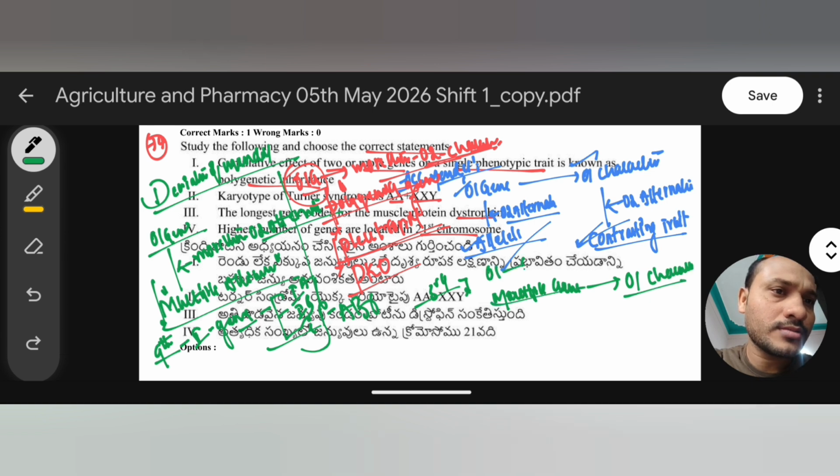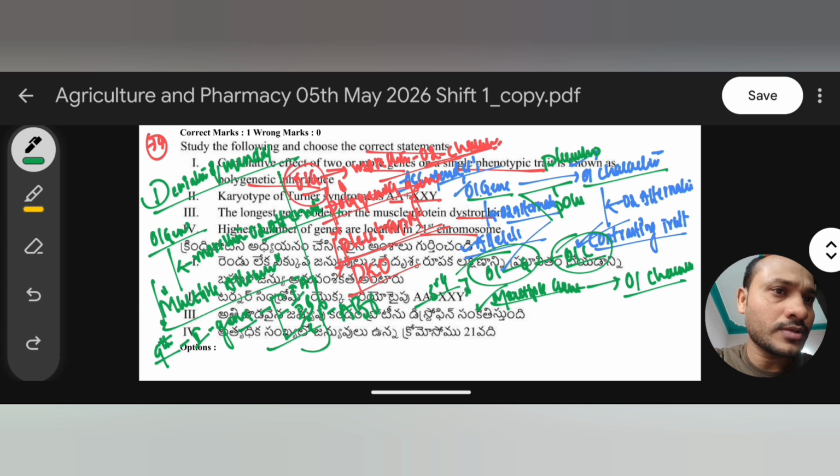But here, multiple genes express only a single character. Just now we discussed that in pleiotropic, one gene expresses more than two characters. But here one character is expressed by more than one gene, so that is polygenic. So pleiotropic and polygenic are opposite to each other.